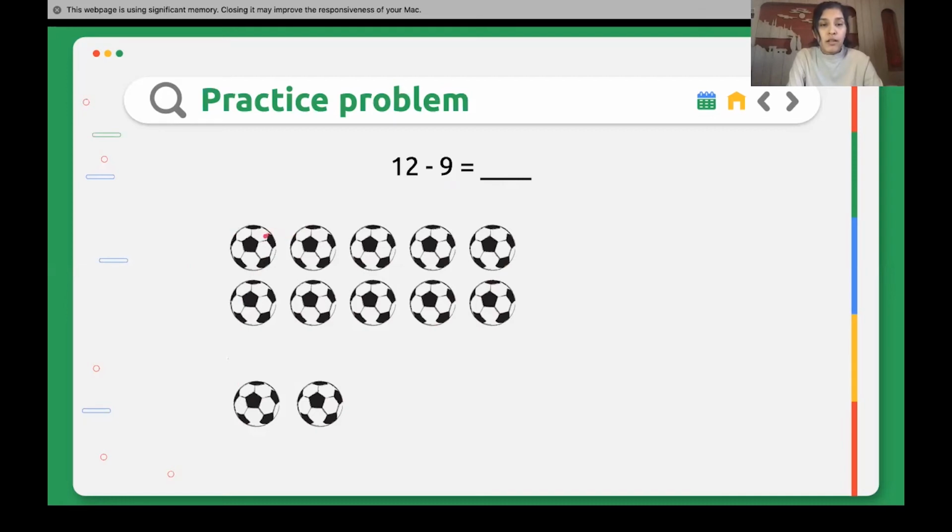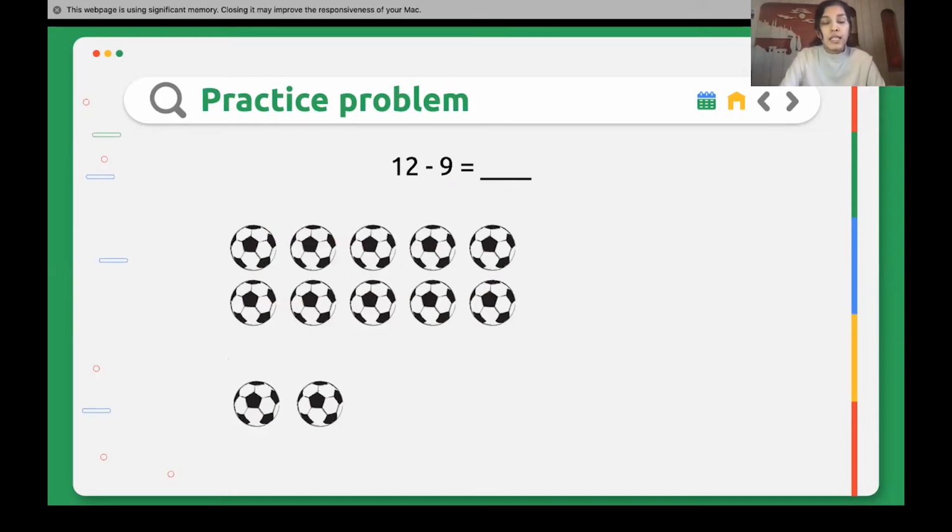So it's 1, 2, 3, 4, 5, 6, 7, 8, 9, 10, 11, 12. So we have the 12 soccer balls. And it says 12 minus 9. So I have to subtract 9 from the 12.